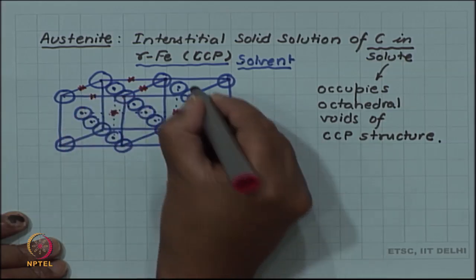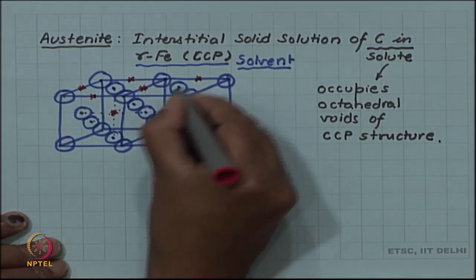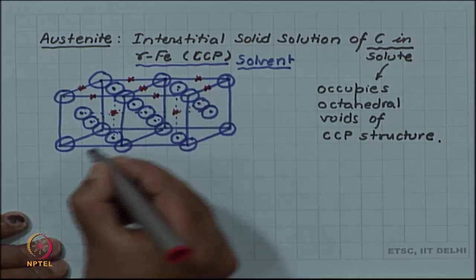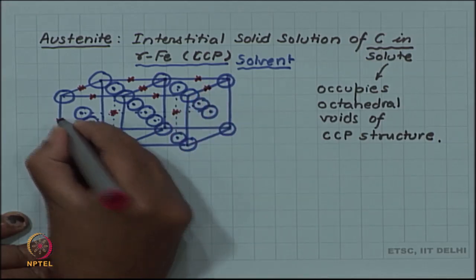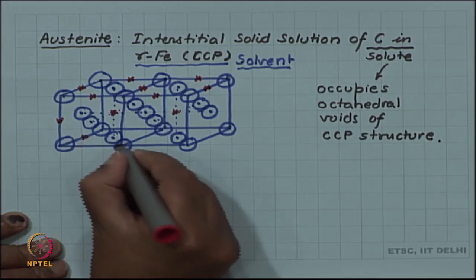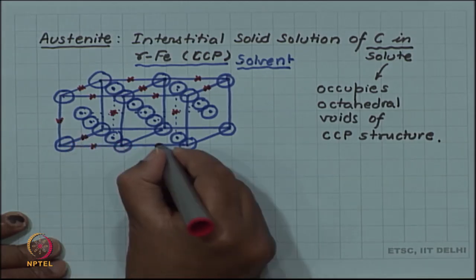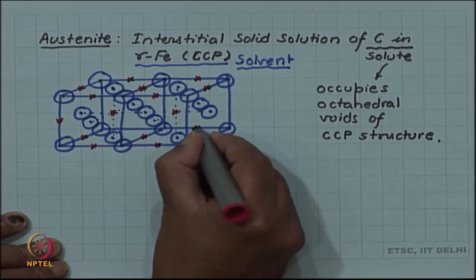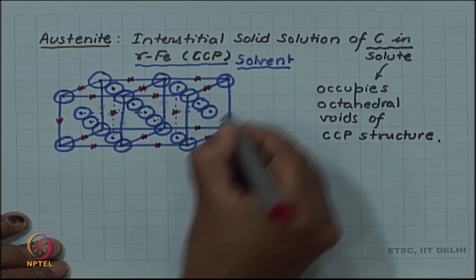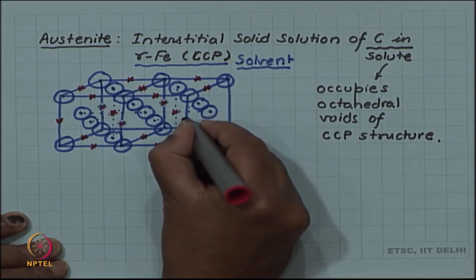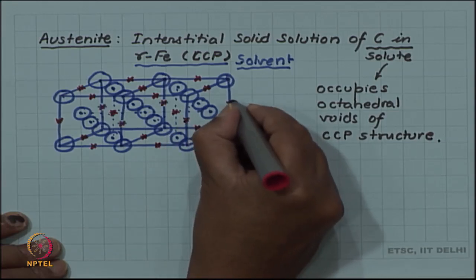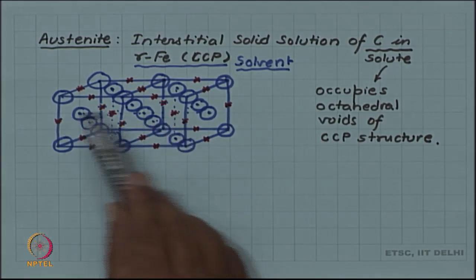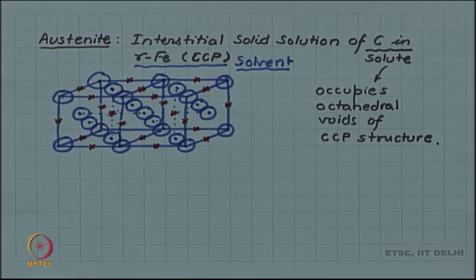We had seen that the edge center location is exactly identical to the body center location in CCP. Both are octahedral void locations. So, I am marking all the octahedral void locations in this pair of unit cells. I have marked the body center locations and all the edge center locations.